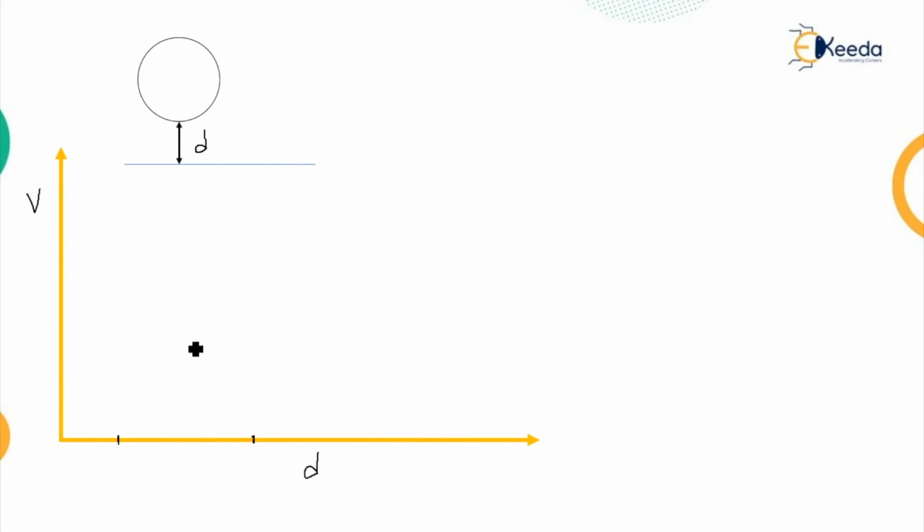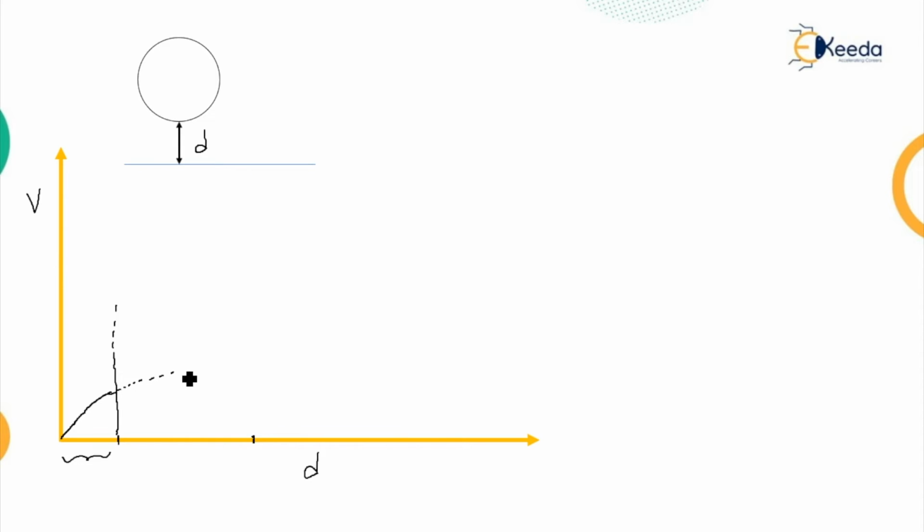The first region is when the gap length is small: the voltage increases and the field is uniform. Therefore the breakdown voltage mainly depends on the distance.